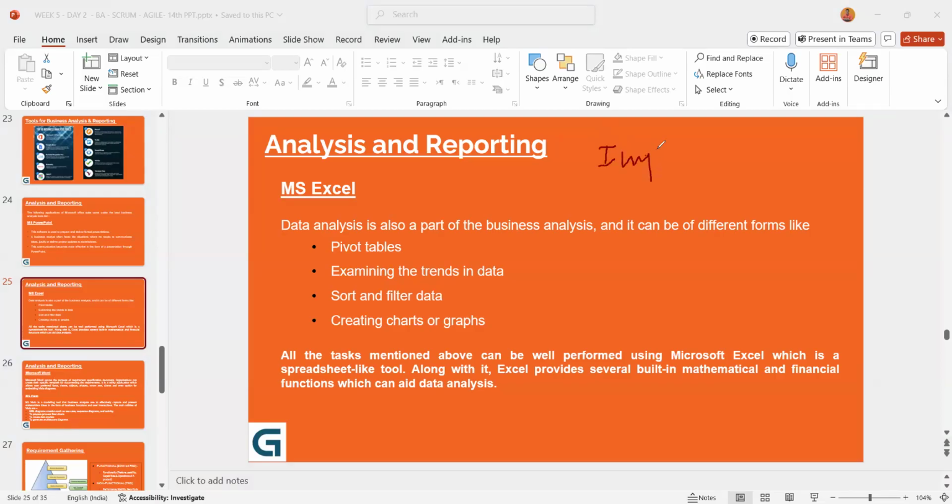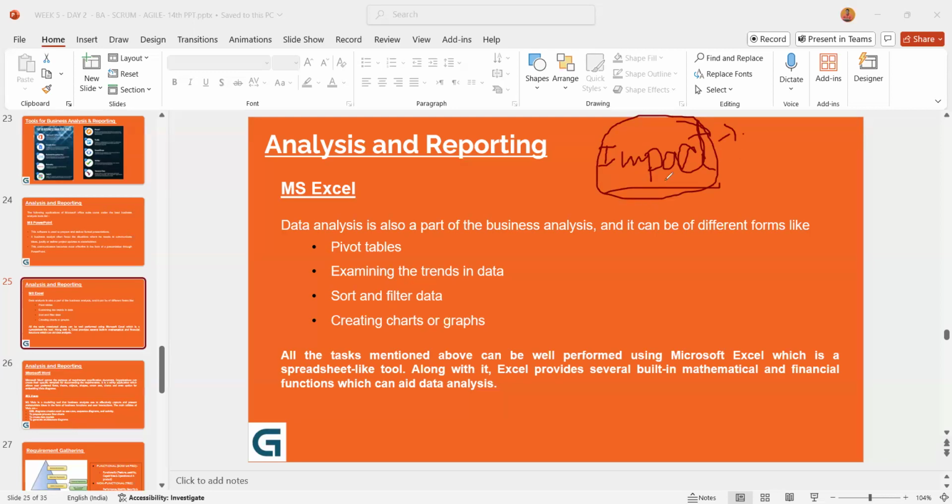First you will analyze the impact of data. In the impact, what all can you analyze? The trend, the success, the loss, the profit, multiple things are there. So ultimately you are analyzing the impact of data due to change.